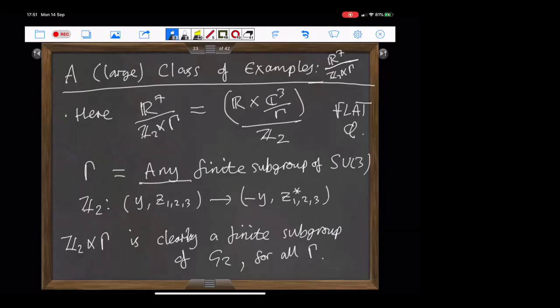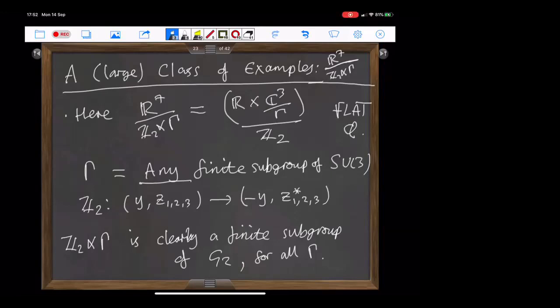So we want to start with a situation in which the codimension 6 singularity is an orbifold singularity. And for such singularities, the Calabi-Yau space is modeled on C3 mod gamma, where gamma is any finite subgroup of SU3.